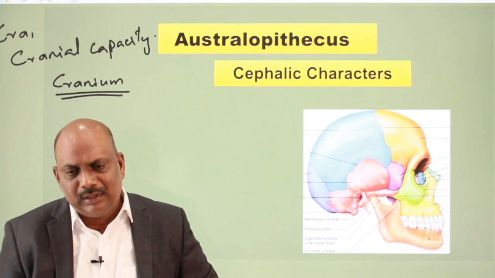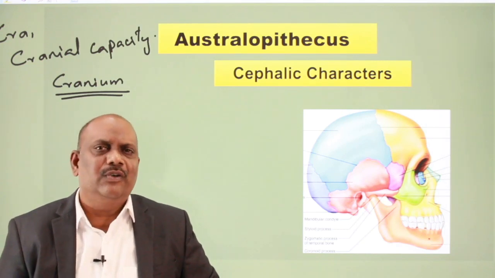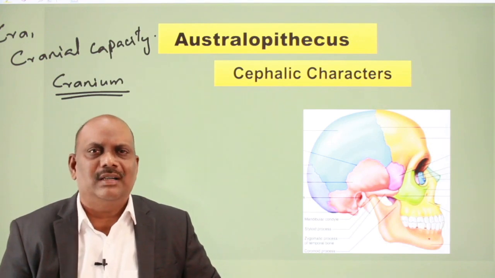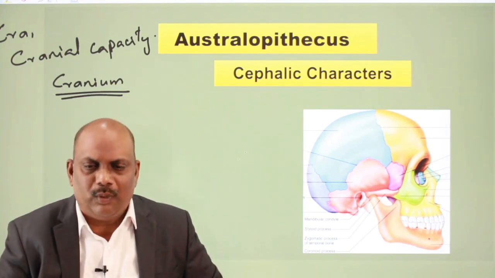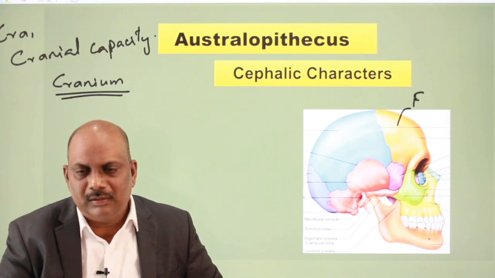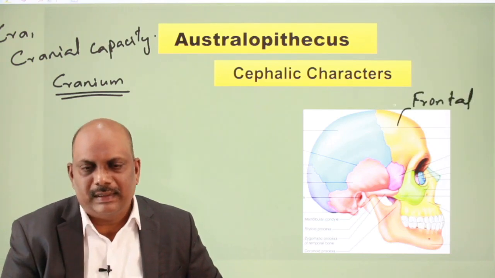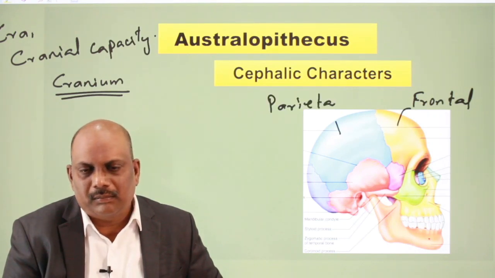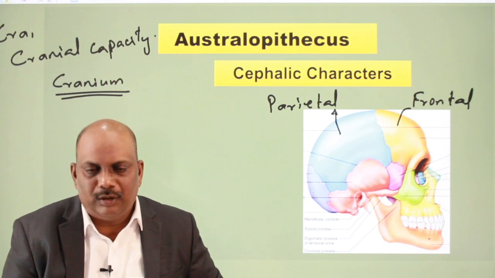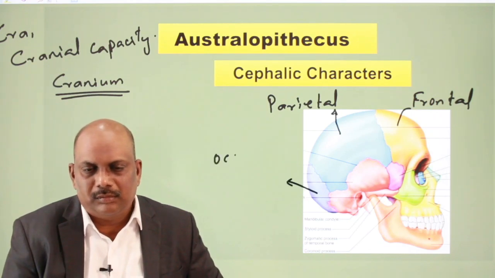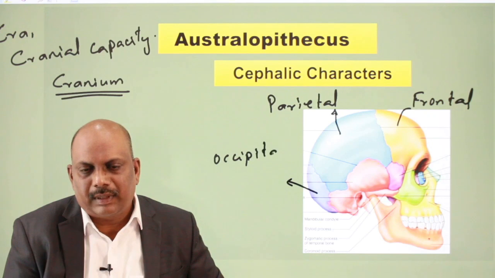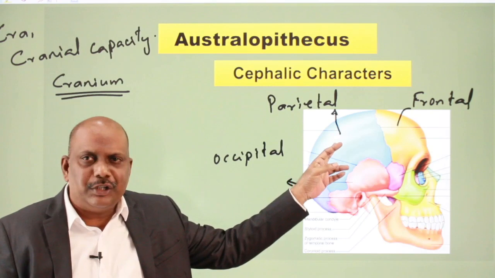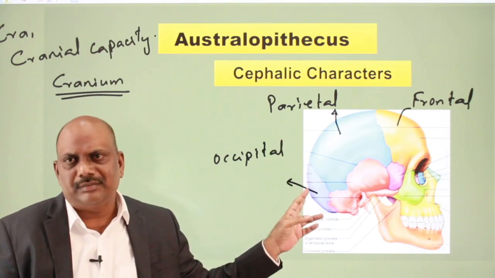It is composed of a number of bones, and from the evolutionary perspective it is essential to know at least three important bones here: one is the frontal, the next is the parietal, and the third one is the occipital.